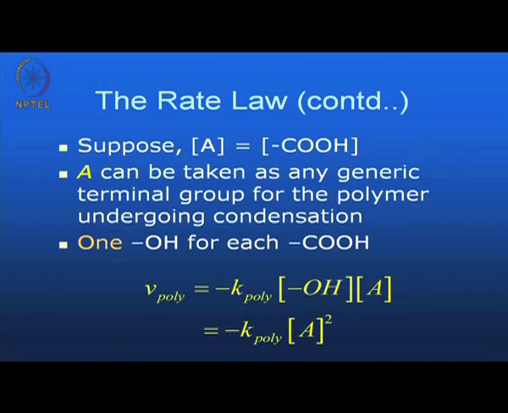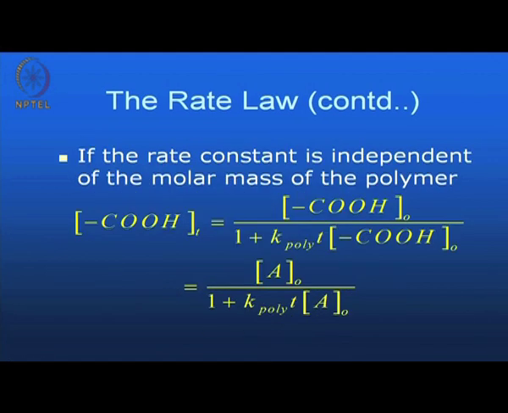Now, the rate law. Suppose A is equal to the concentration of COOH. A can be taken as any generic terminal group for a polymer undergoing condensation. So, the rate of polymer formation will involve this unit and that unit, so it will go as A squared. The minus sign is simply because something is used up or generated.